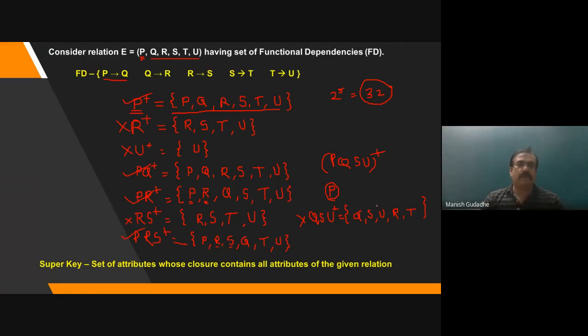So this way, we can find out the super keys with the help of attribute closure, and we can find out various inferred FDs which may hold on the given relation with the help of closure set. So there are two things, attribute closure and closure set. These are the two things you need to keep in mind when we go for the purpose of normalization.